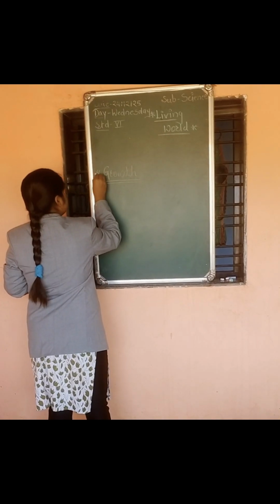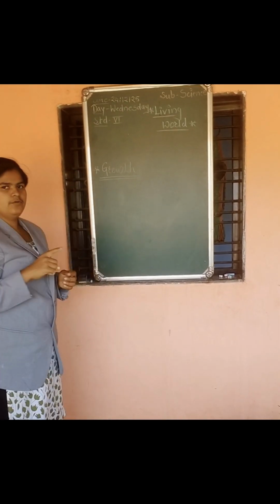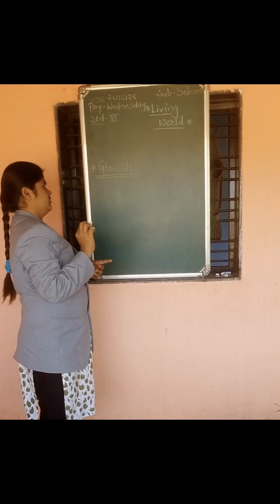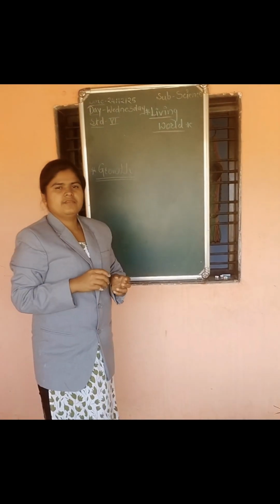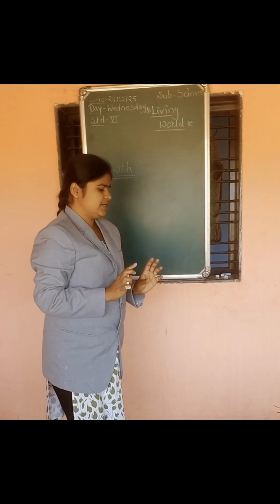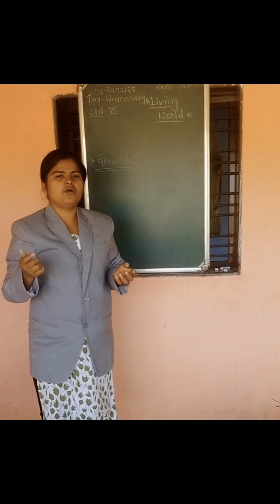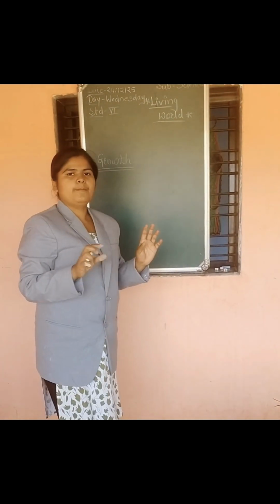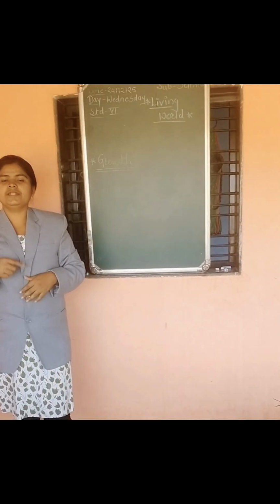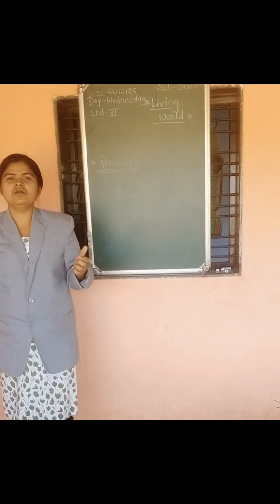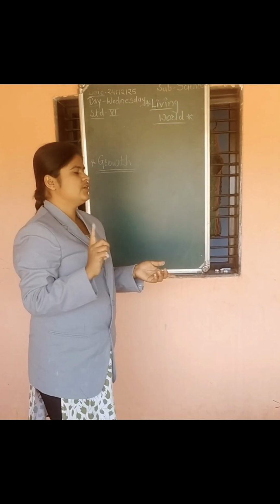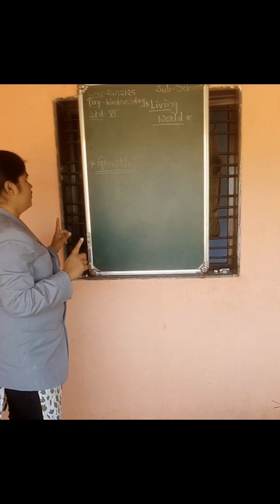Growth is the property which is present in both plants and animals. In plants, when we give water, the plants start to develop and grow. It means they show the property of growth, hence they are living things.